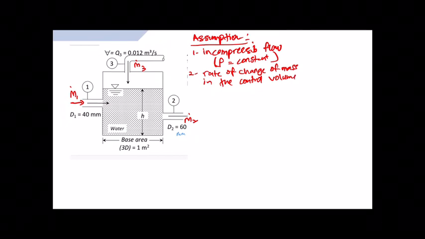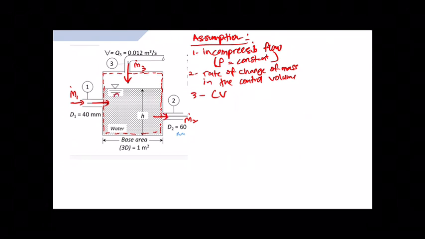Meaning what? The mass inside the system is changing. 3, it is control volume or open system. Okay, just to make sure that you can follow that 2 inlets and 1 outlet, and then this is the system, the boundary.